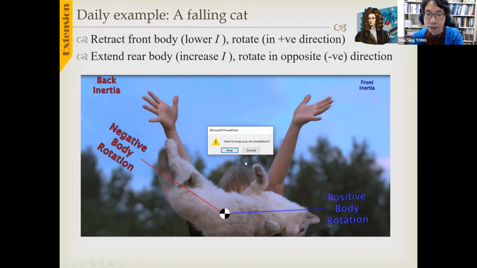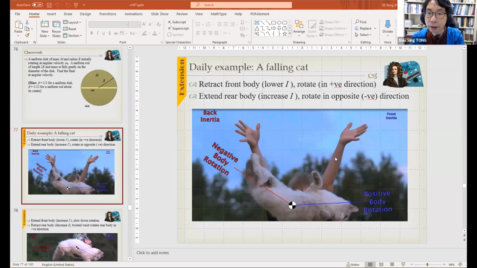Now let's see the video of a cat rotating his body.